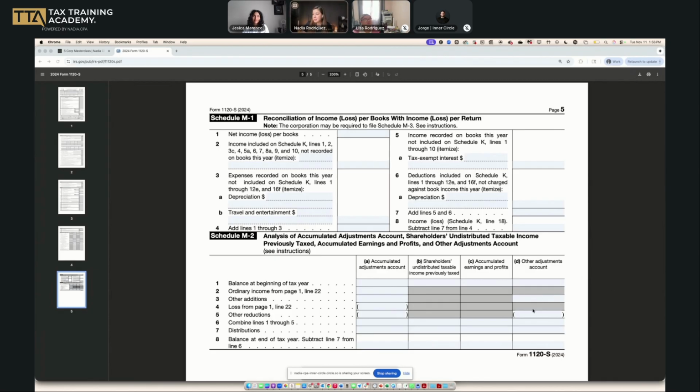And we had it here: the forgiven loan, we were adding it under the AAA account as an other addition. Yes, it was non-taxable income, but it should have been on the other adjustments account, and we weren't doing that because the other adjustments account gets broken out differently in a separate column.